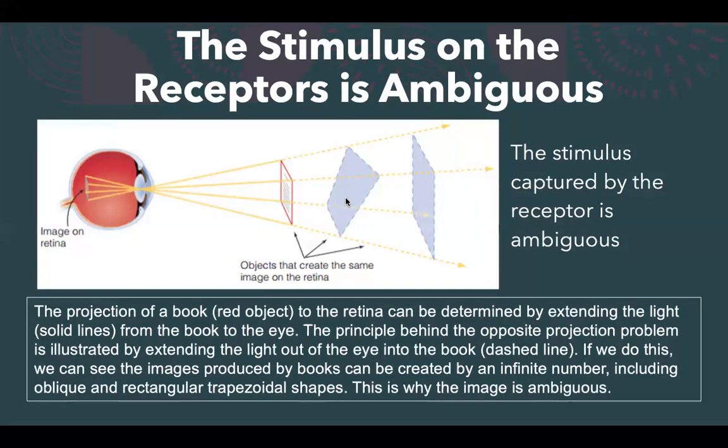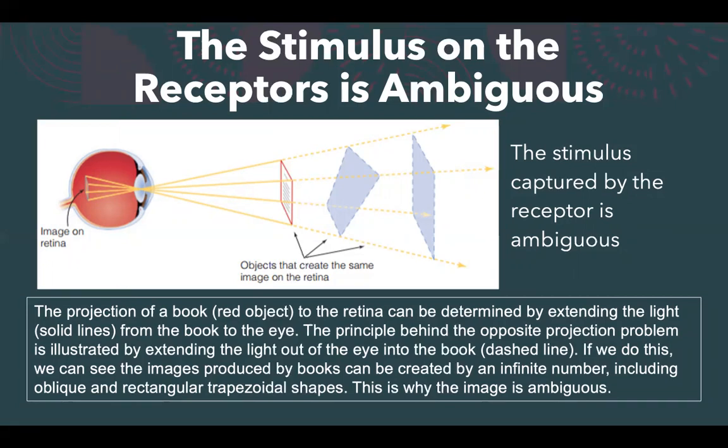But the perceptual system is not concerned with determining an object's image on the retina. It starts with the image on the retina and its job is to determine what object out there created the image, right? And the task of determining the object responsible for a particular image on the retina is called the inverse projection problem, because it involves starting with the retinal image and extending rays out from the eye.